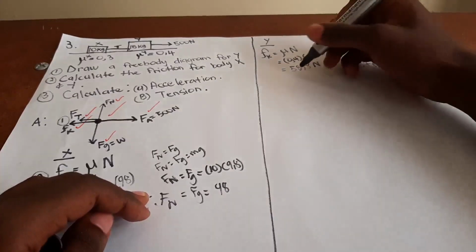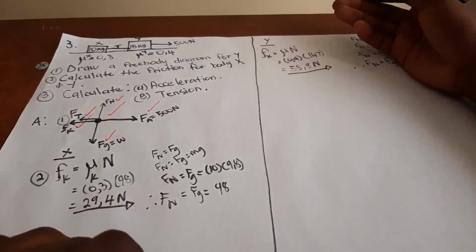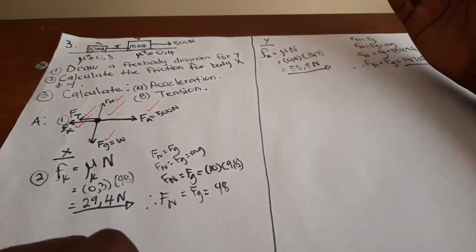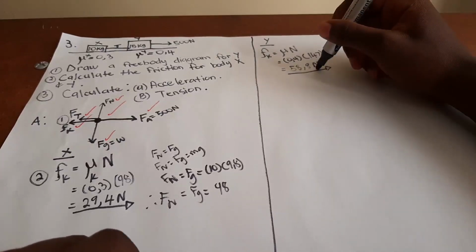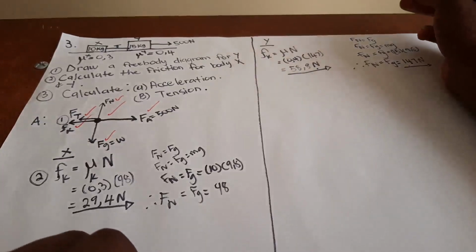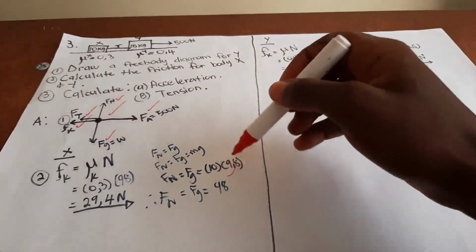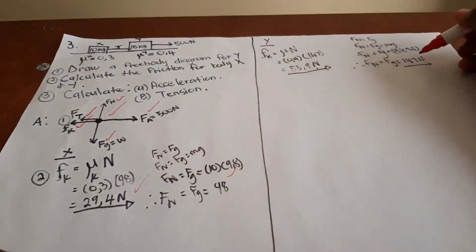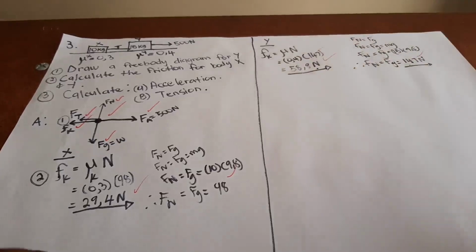Please try to round off correctly during your examinations, because you might be penalized. So this is the answer for our number 2, which are both correct. You have to calculate the normal force so that you can substitute here. So everything is correct.